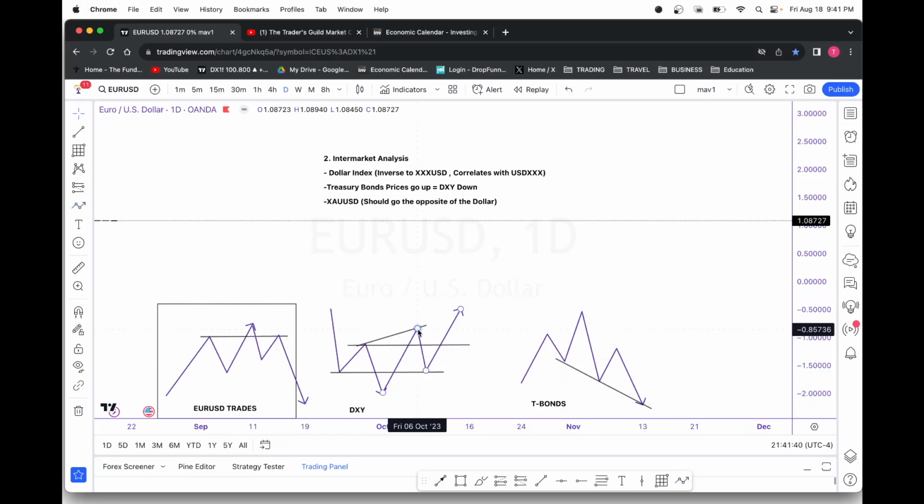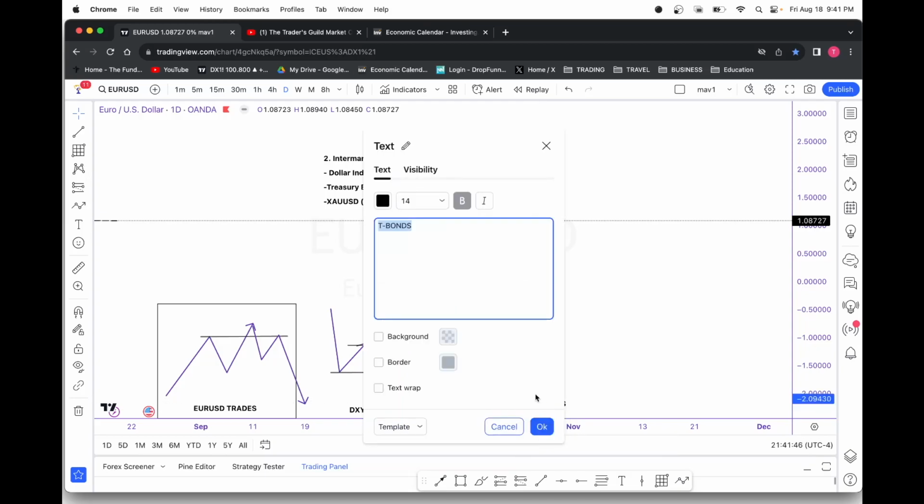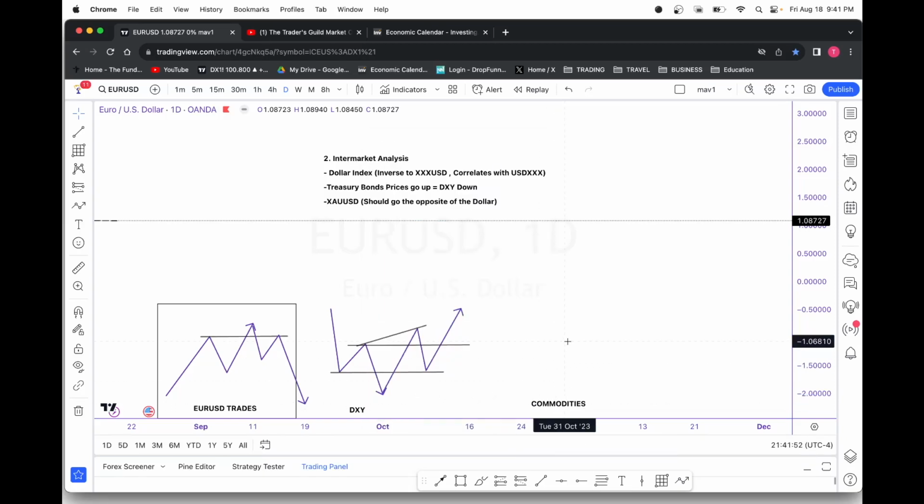And then one more that I compare to the dollar always, and that's why you'll see me look at gold even if I don't trade it, right, is a commodity. Commodities tend to go the opposite of the dollar, because if the dollar is higher in value, then economies are going to be less interested in investing in commodities such as agriculture or metals, right?